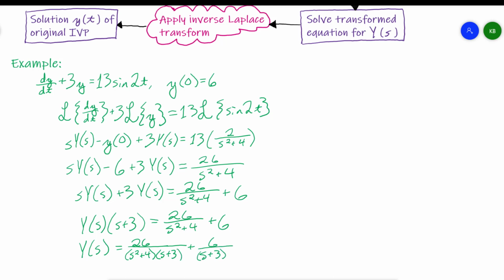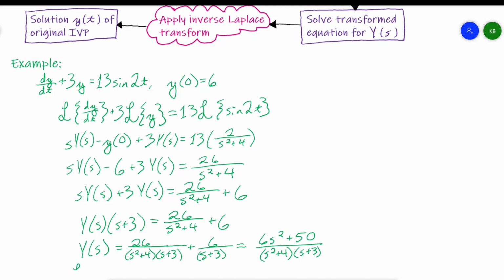And I can actually add these two fractions together if I multiply 6 times s squared plus 4. What that leaves me with is 6s squared plus 50 over s squared plus 4 times the quantity s plus 3. So now I'm supposed to apply the inverse Laplace transform.